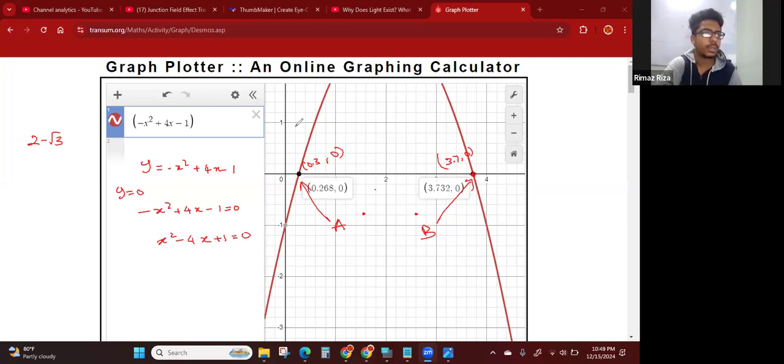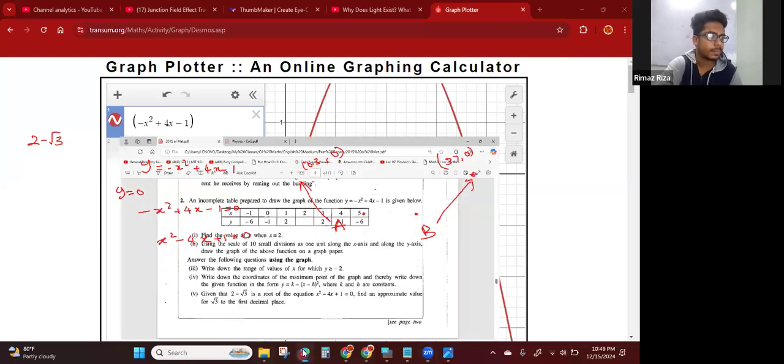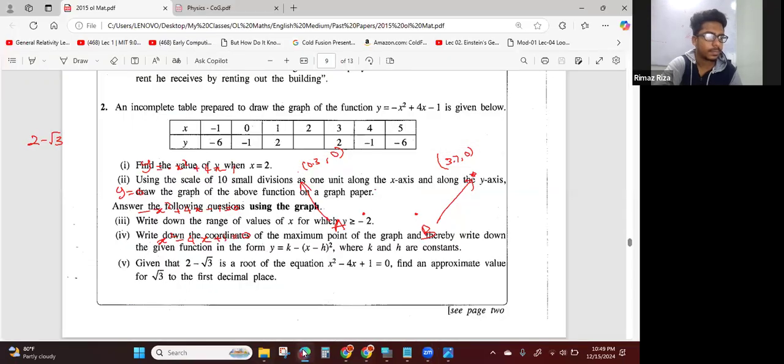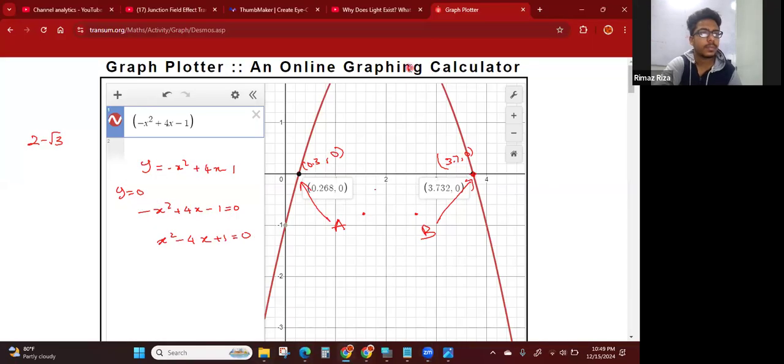Okay. How about Kosharini? Okay, good. So here, can you take this value as 2 minus root 3? 2 is here.